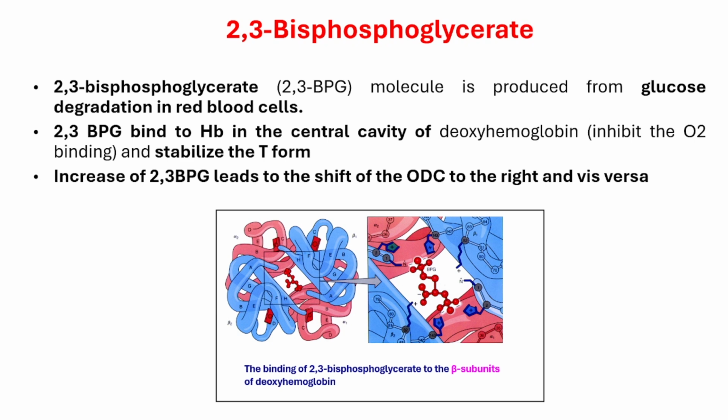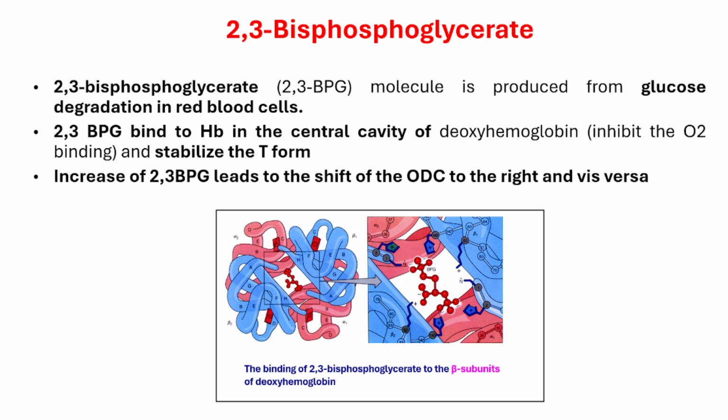So this 2,3-BPG has, you can say, affinity for the binding site of the oxygen. So the BPG will bind to the active sites of the hemoglobin, instead of the oxygen.